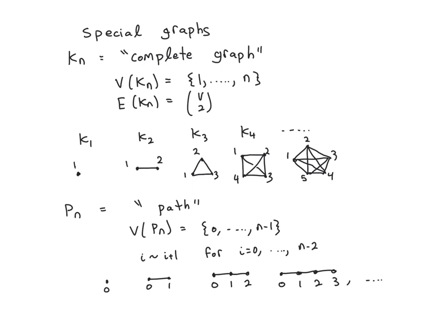So 0 is adjacent to 1, 1 is adjacent to 2, 2 is adjacent to 3, and so on. And so you get this. You can see why it is called a path, because it looks like a very, very simple straight path when you draw it this way. And again, up to isomorphism, a path graph is any graph that is isomorphic to this graph.